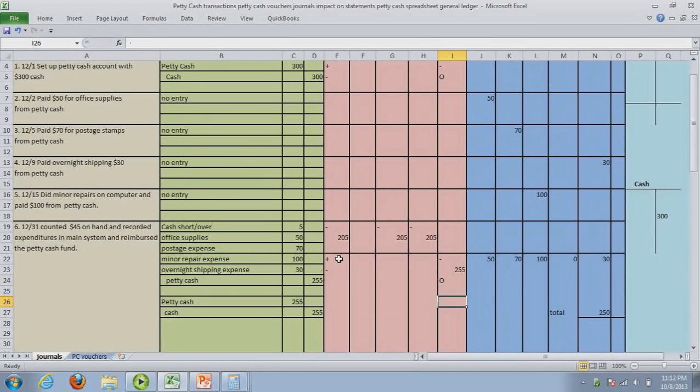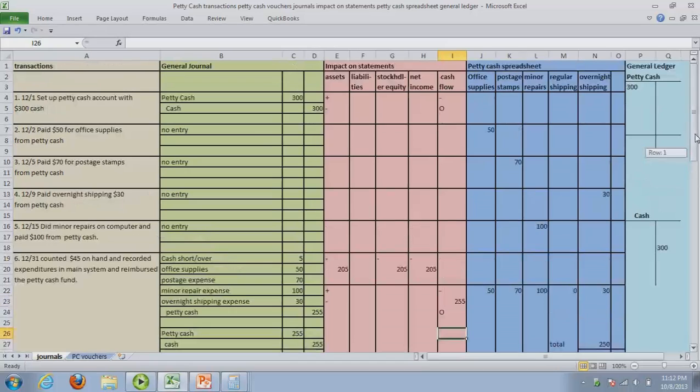So we have 2 entries dealing with petty cash. It doesn't affect our petty cash spreadsheet, that's just for what we've spent. But the petty cash account, in the first entry, we credited petty cash for $255, and so this brought the balance down to $45, which is in fact the cash on hand. And cash would not be affected in the first transaction.